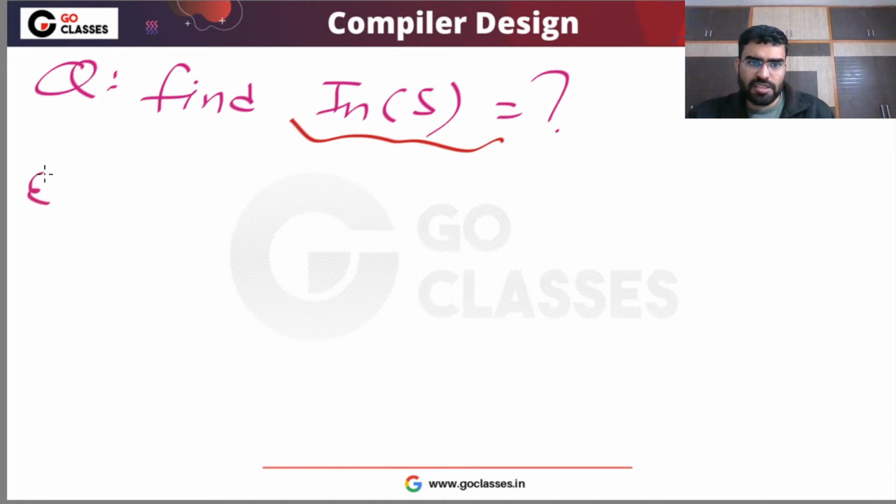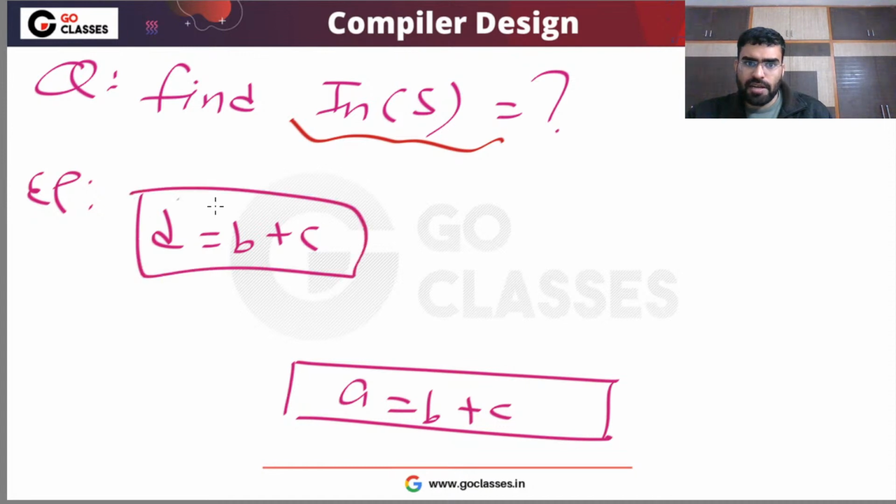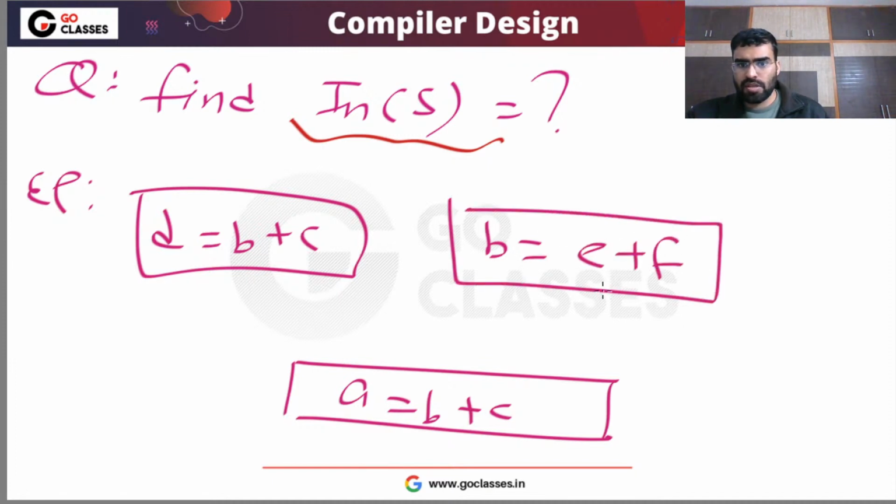Consider this example and you tell me. Let us assume you have here a equal to b plus c, and here d equal to b plus c, and here b equal to e plus f.